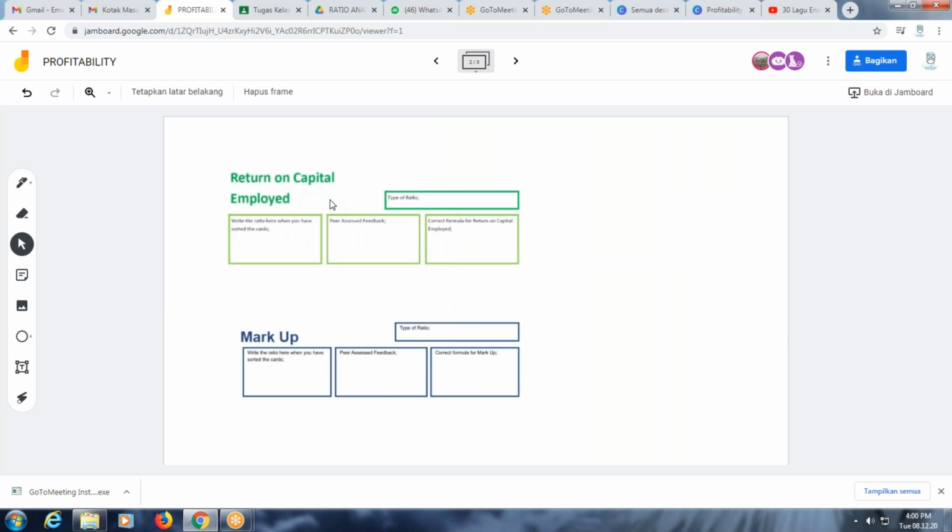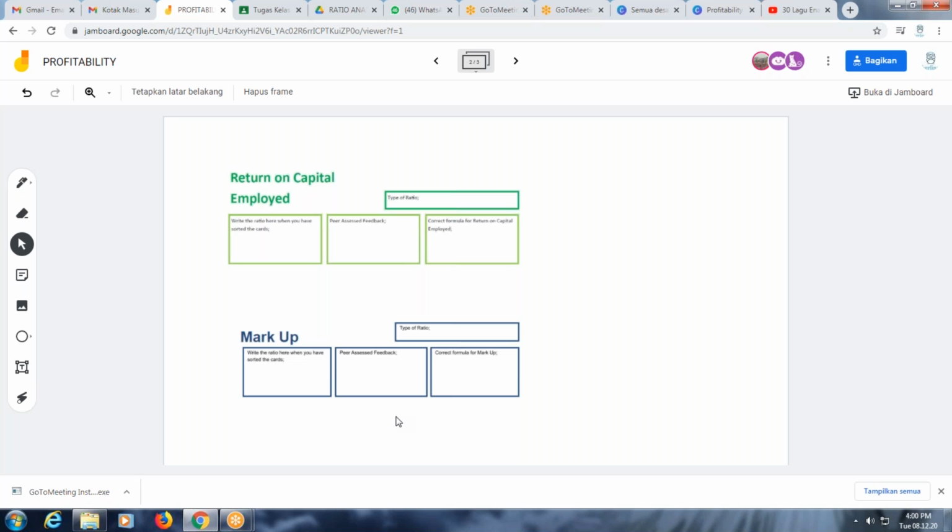Return on capital employed and markup. Based on my clue, markup is how we get the profit, the markup.